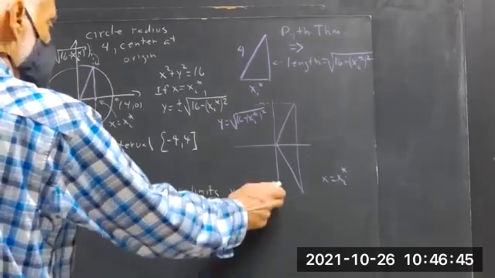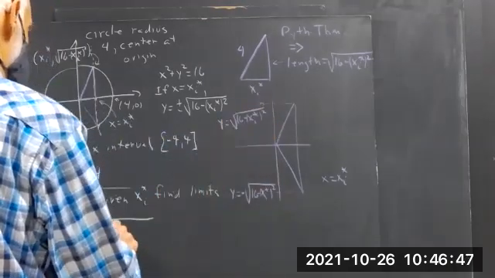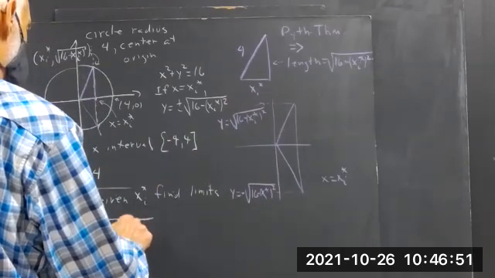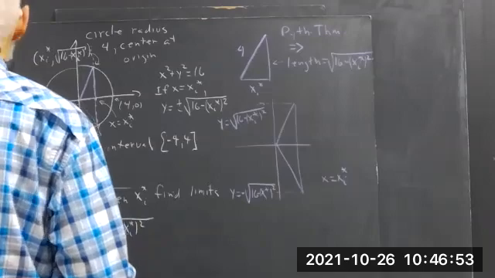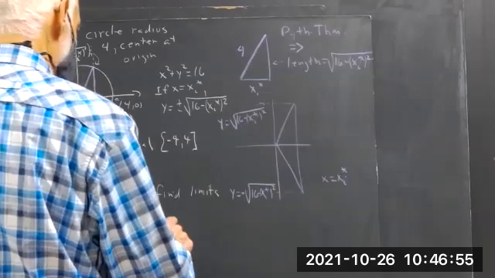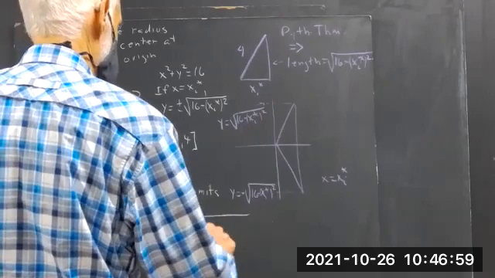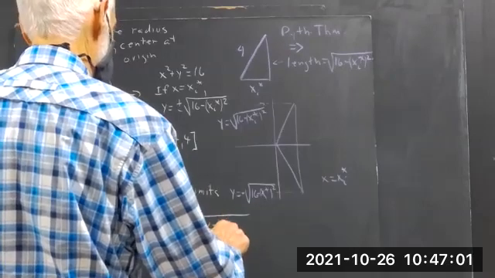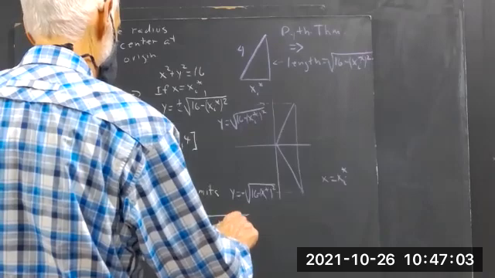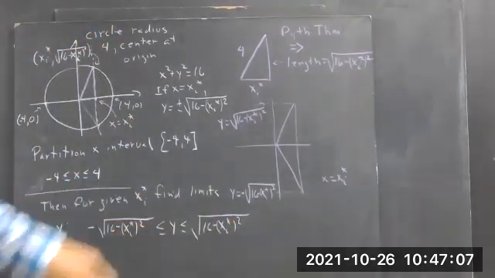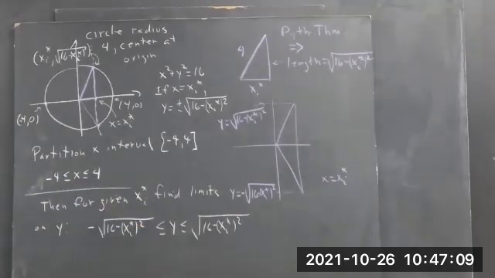Y goes from here to here, from negative square root of 16 minus xi star squared up to positive square root of 16 minus xi star squared.